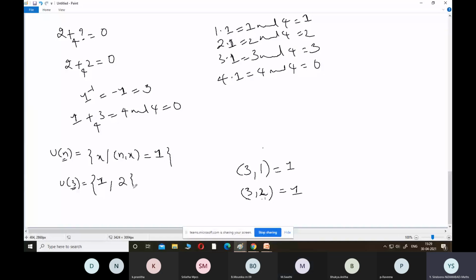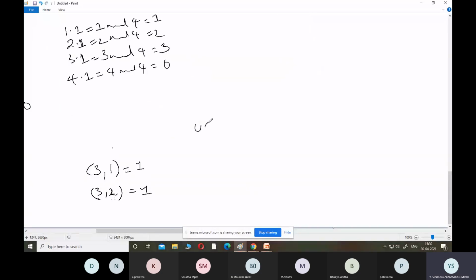Now in the same way, tell me what are the elements of U of 6? Now 1 comma 6. What is GCD of 1 comma 6? 1. So that is why 1 will be there. Now 2 comma 6.